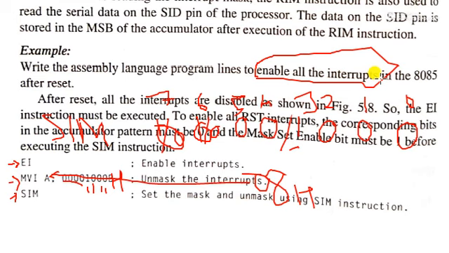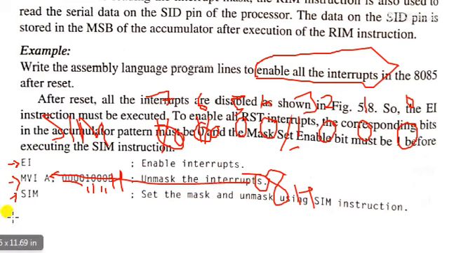Then how will we check the RIM instruction? How will we use the RIM instruction? The RIM instruction is used, as we told before, to read the status of the interrupts. That means which interrupt is masked and unmasked.